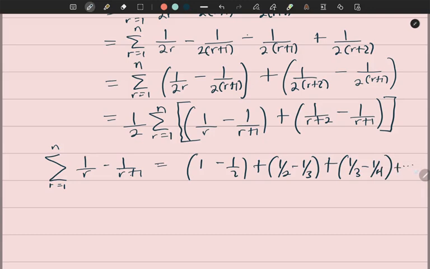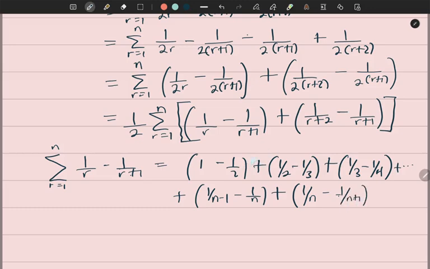So the process continues. Then the second to the last term will be 1 over n minus 1 minus 1 over n, while the last term, which is when r equals n, will be 1 over n minus 1 over n plus 1.